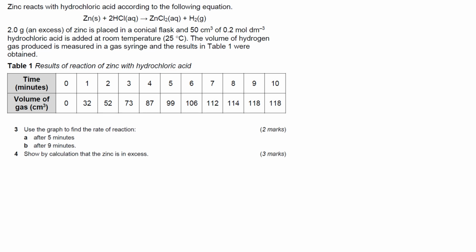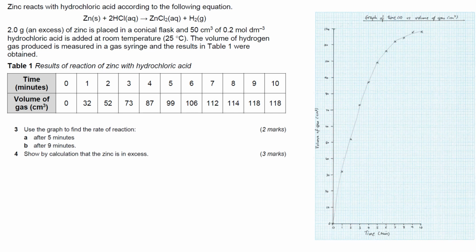So then they say, use the graph to find the rate of reaction after 5 minutes and after 9 minutes, and then show by calculation that the zinc is in excess. So taking our graph again, we draw a tangent at 5 minutes, and we do dy over dx. So this line here just shows that the dx equals 7.2 minutes. I'm using the x-axis to work out what my dx is.